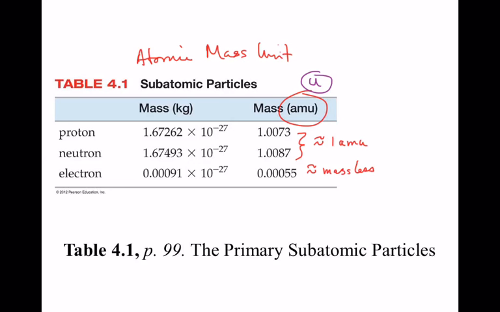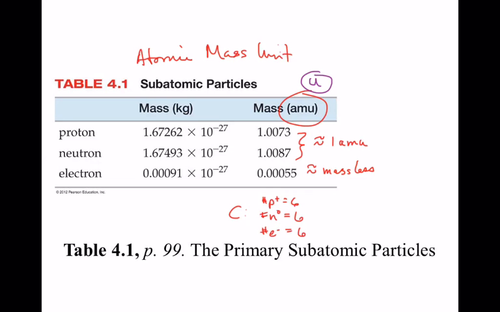So the cool thing is, and this makes sense, we're going to talk about the elements, and at some point soon you're going to be able to say, oh, carbon, how many protons, how many neutrons, how many electrons. If we just pick on carbon, carbon is number 6, so the number of protons is 6. There are various forms of carbon that vary by neutrons, but we'll go with this version: 6 neutrons, and if it's neutral, 6 electrons.